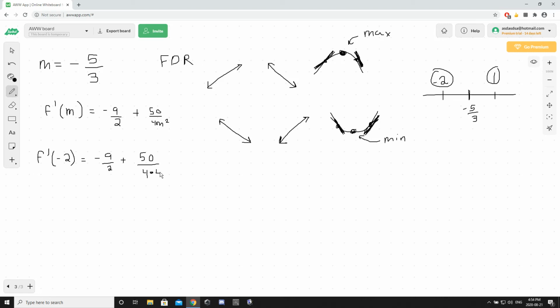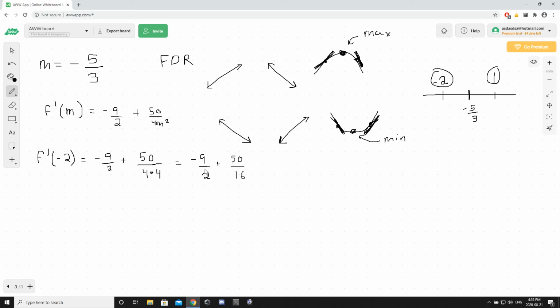Negative 2 to the power of 2 is just 4. My apologies. So then this comes out to negative 9 over 2 plus 50 over 16.